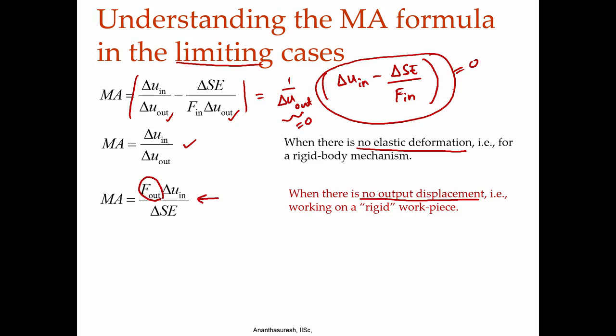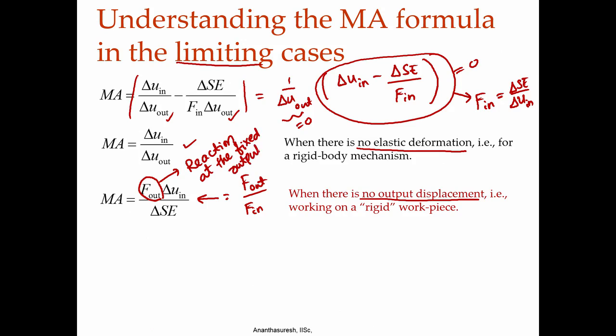So, we see this F in, because it is 0, F in is delta S E by delta u in, that is what we have put here. Again this is F out by F in. What is F out? Whenever you have a rigid workpiece over which the compliant mechanism is interacting, there is no displacement, there will be a reaction force, that is your F out, that is the reaction at the fixed output point, because there is nothing like rigid, but a very stiff object at the fixed output point.